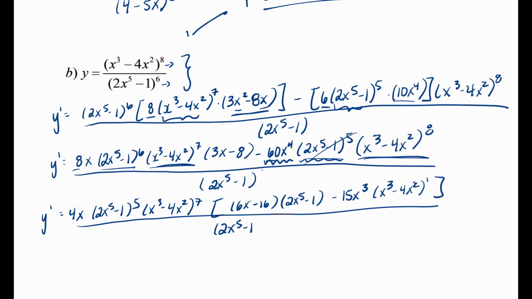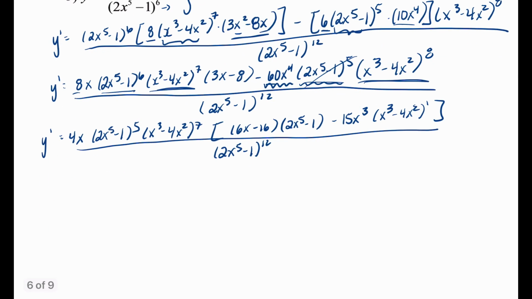This should have been 12. Sorry, because you square your denominator when I do my quotient rule. Sorry if that messed you up. So from here, I can actually start looking at simplifying it because I have this on the top, this on the bottom, and it's multiplying. So I can cancel that out and change this 12 to a 7.